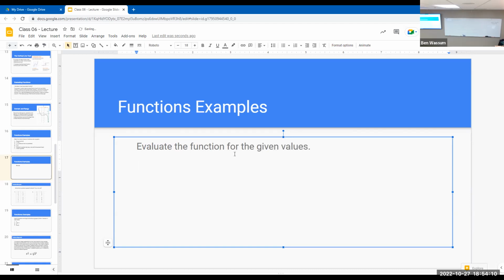Let's say that we had a function f of x is equal to, I don't even care, 3x squared plus 1/2 x minus 1. I don't know. There's a minus 1.